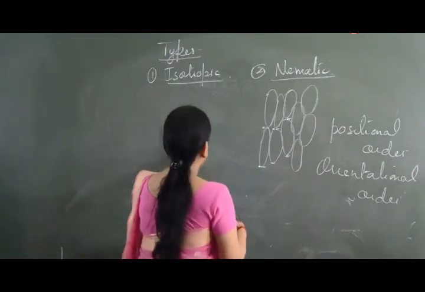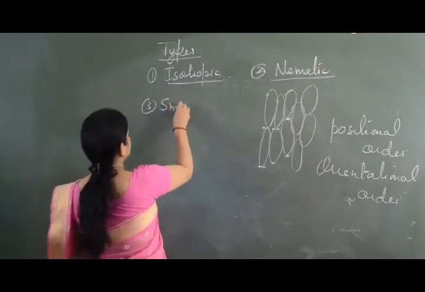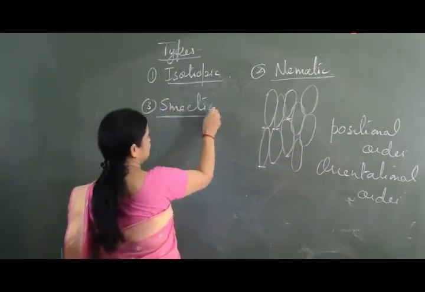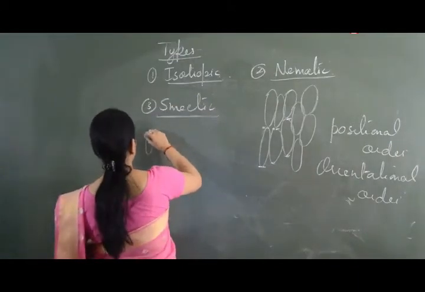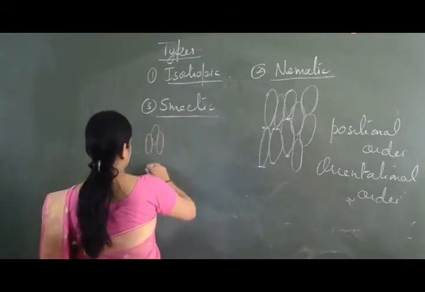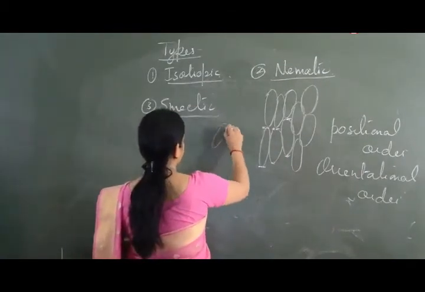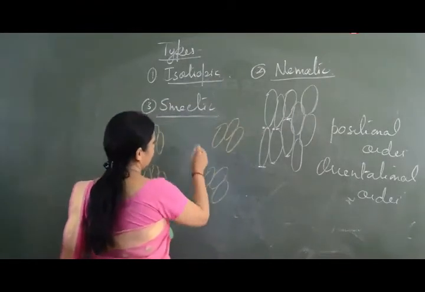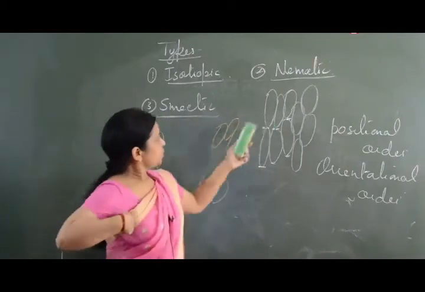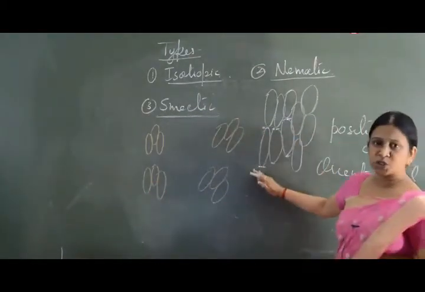If we come to the third one, this is smectic liquid crystal. In case of smectic liquid crystal, this is the arrangement of molecules. I am going to draw only two layers. So if we compare these two structures, here there is orientational order, but there is no positional order.